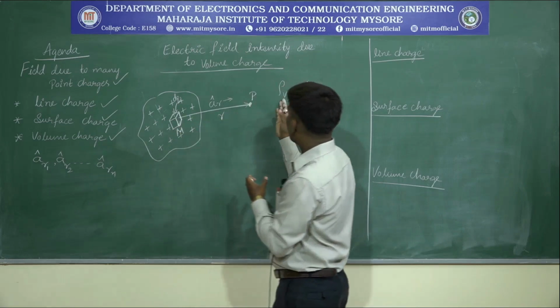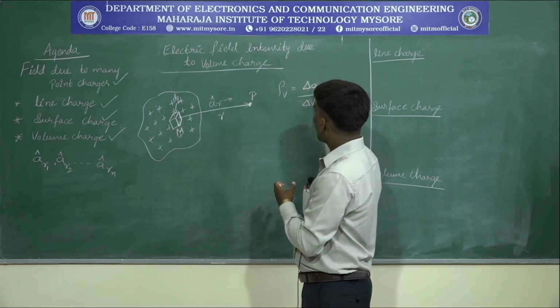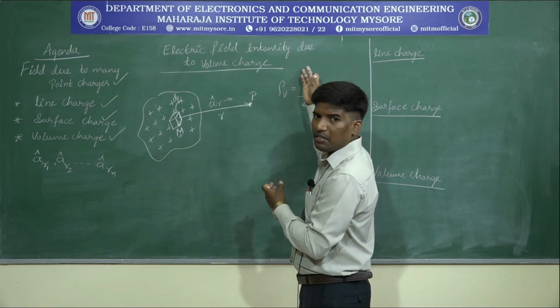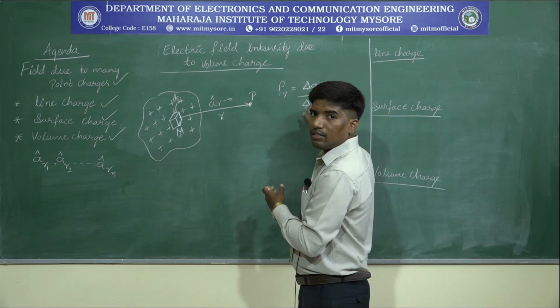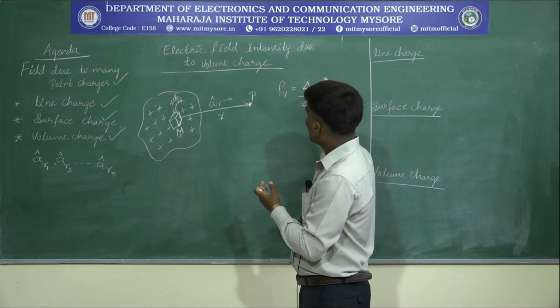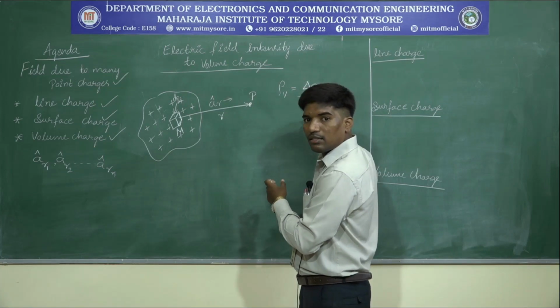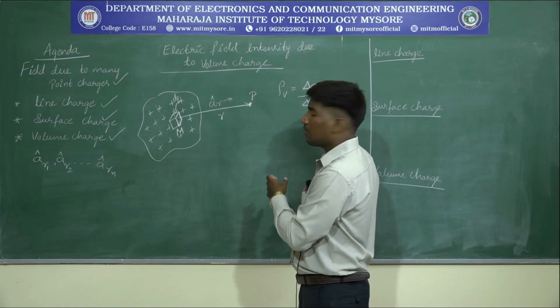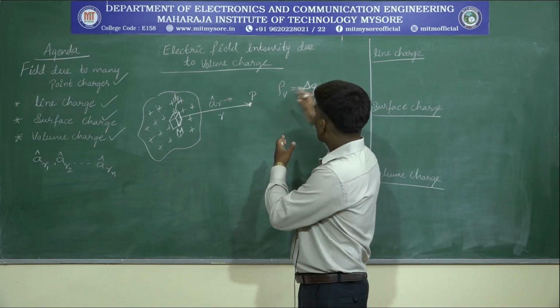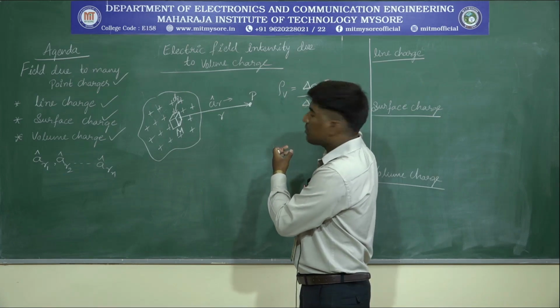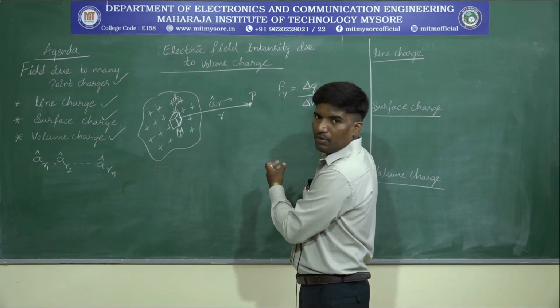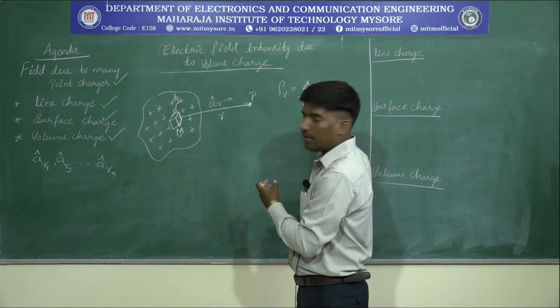So volume charge density is given by charge per unit volume. Line charge density, what we have seen in the previous case, is charge per unit length. Our surface charge for two-dimensional is charge per unit surface. But here also, volume charge density rho v is given by charge per unit volume, dq by dv.